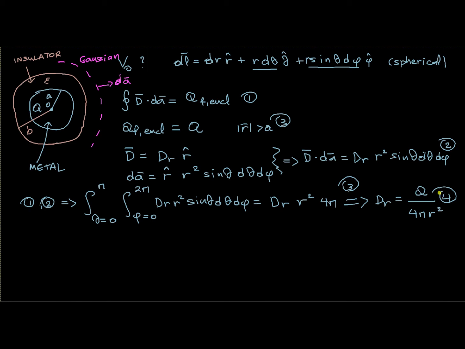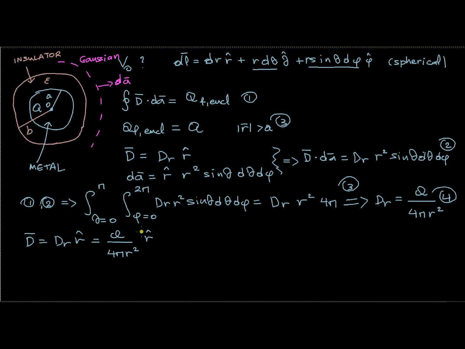Now this gives me the radial component of the electric displacement vector, so the vector D will be Dr r hat, or Q over 4 pi r squared times r hat.